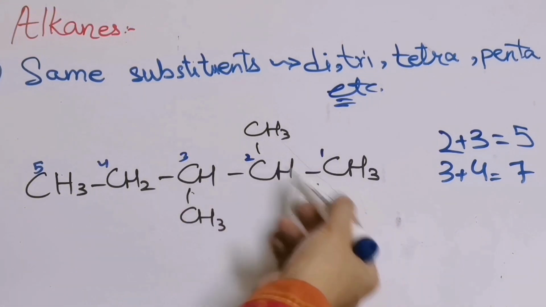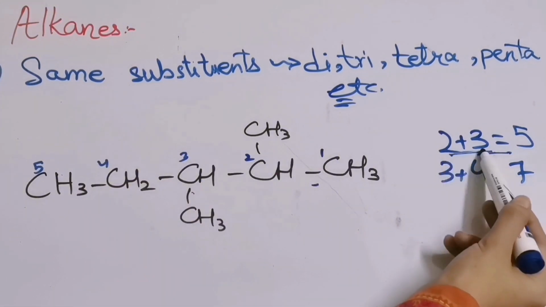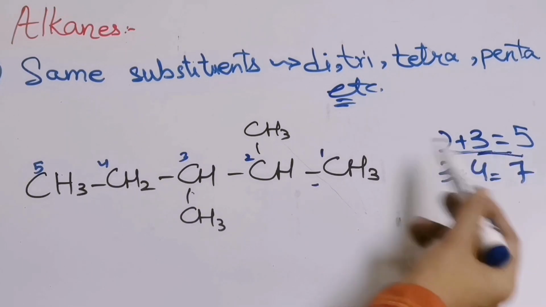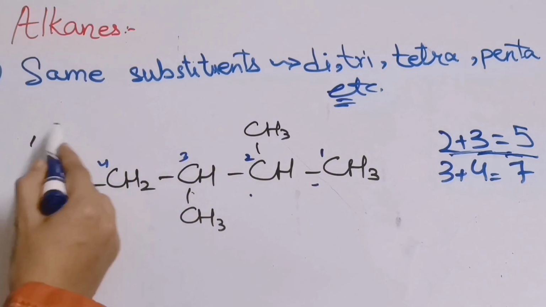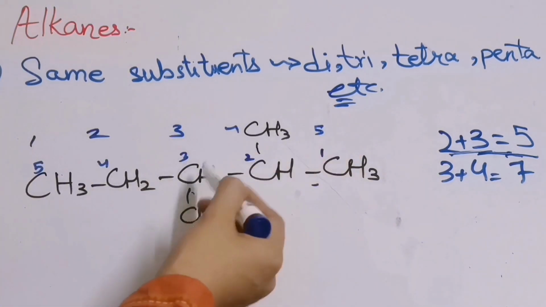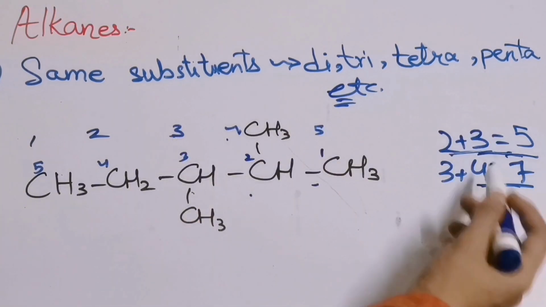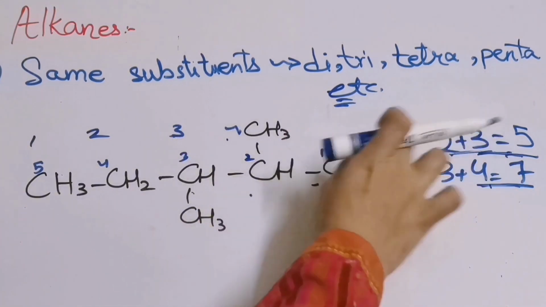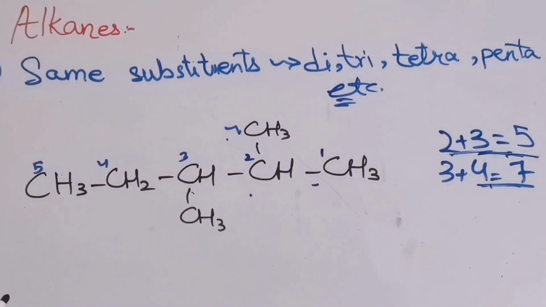I wrote the numbering from this side, and why not on that side? Because from this side the substituents were given the smallest number. When I added 2 plus 3 it was 5, and if I gave the numbers from this side 1, 2, 3, 4, 5, then the substituents were given 3 and 4, and 3 and 4 were equal to 7. So I gave the numbering from this side so that the substituents will get the lowest possible number.